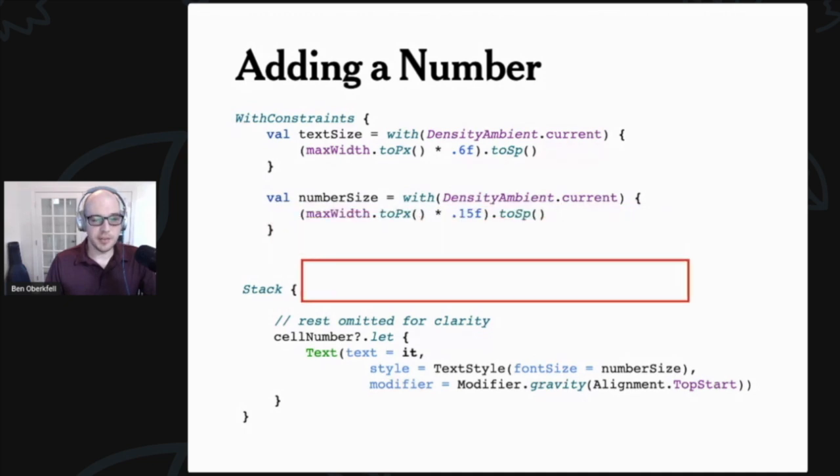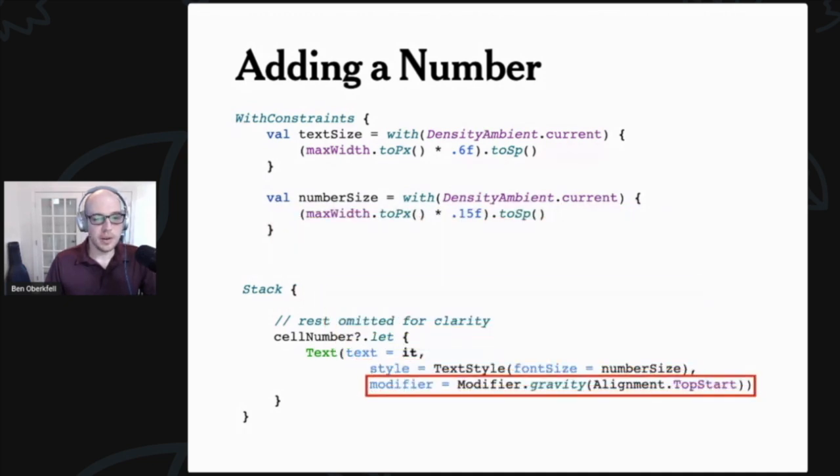And then I'm going to go to the stack and we're going to create a text view for the cell number if we have one. We're going to use that number size. And now here's another use of that gravity. So this time we want it to be aligned to top start. I actually don't know how they solve crosswords in right to left languages if the clue number is at the top right.